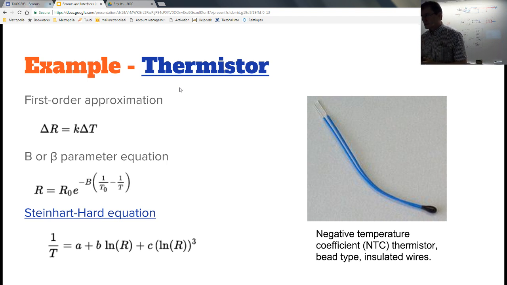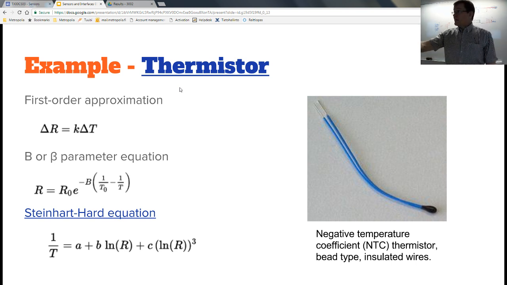Both thermistor types exist. So if you are looking for a thermistor type of sensor, you need to be quite careful when you are selecting it, whether it is NTC or PTC, and then also what is the range where it actually functions. And the range where it actually functions means where that first approximation is actually valid.